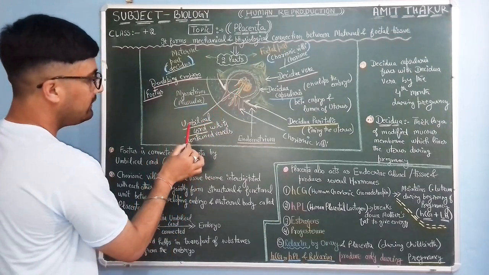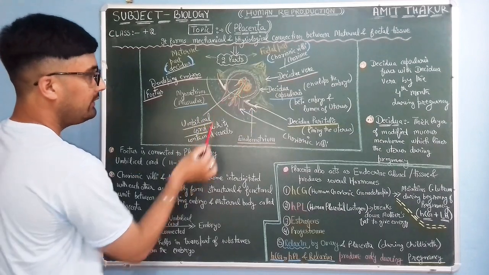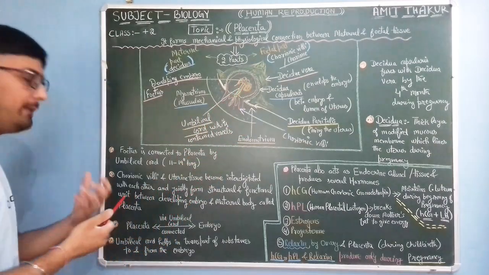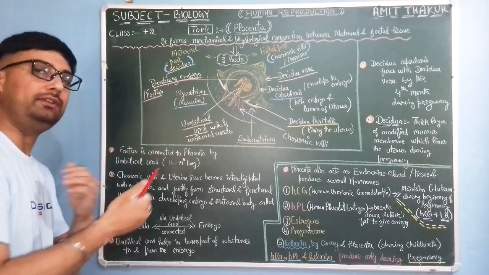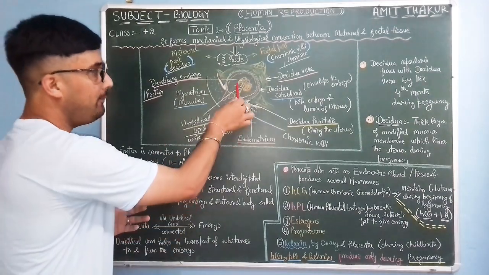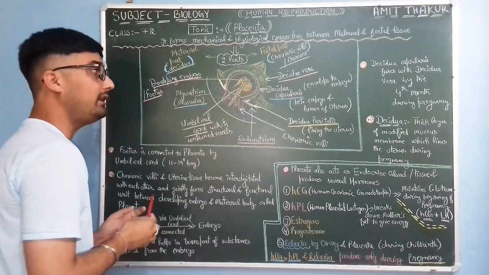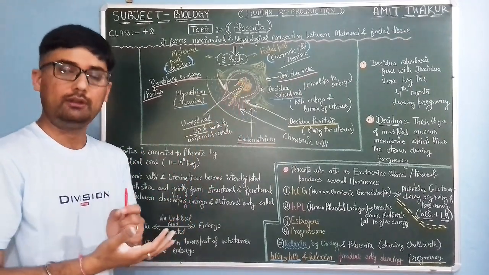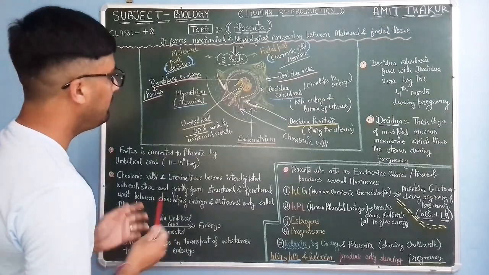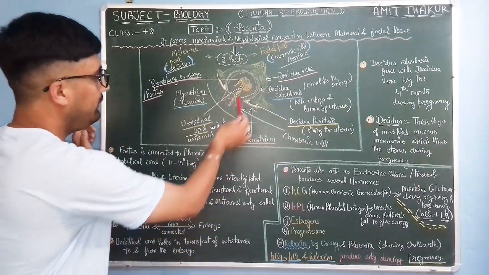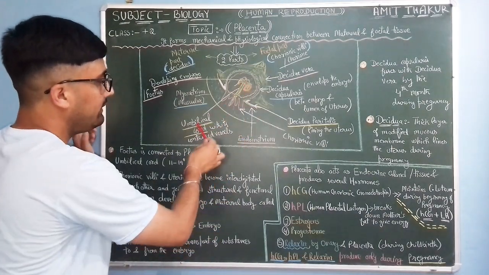This embryo, the growing fetus, is connected with the placenta with the help of a cord known as the umbilical cord.